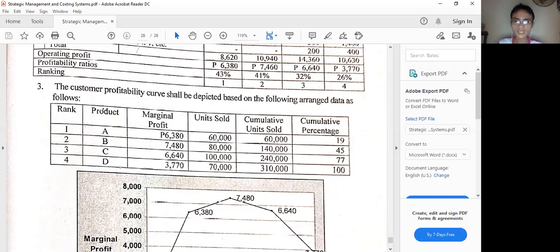Example, for product A, the cumulative units sold is 60,000 because the prior to that is 0. Of course, no data prior. So 60,000 divided by the total of units sold, that's 60, 80, 170 in thousands. That's 310,000. We can confirm that by computing. So okay, indeed, it's 310,000. 60 divided by 310, that's 19%, rounded off.